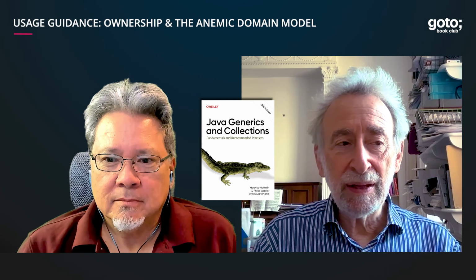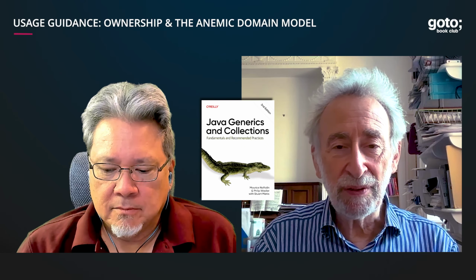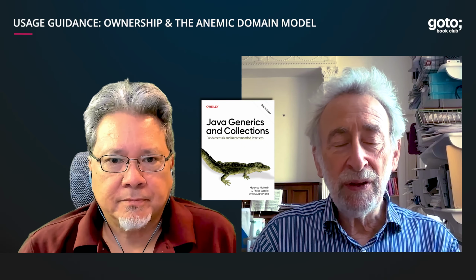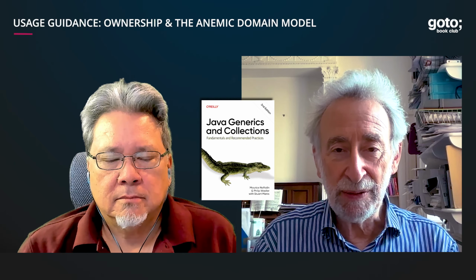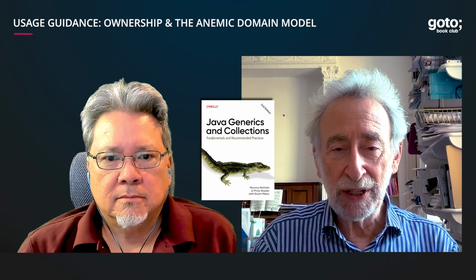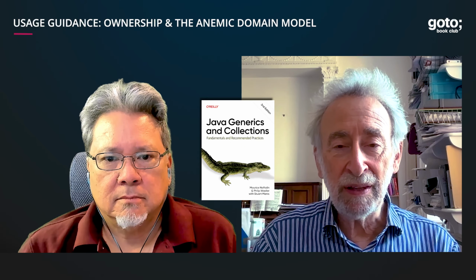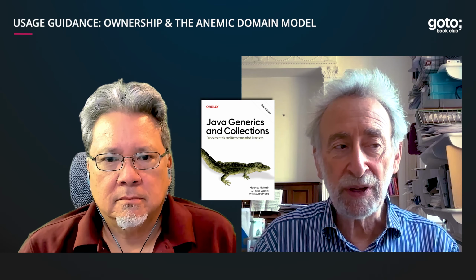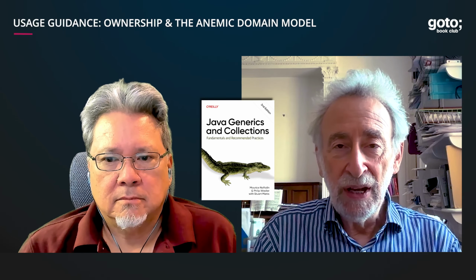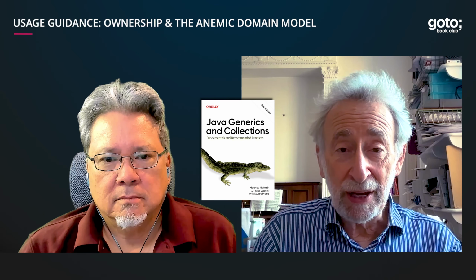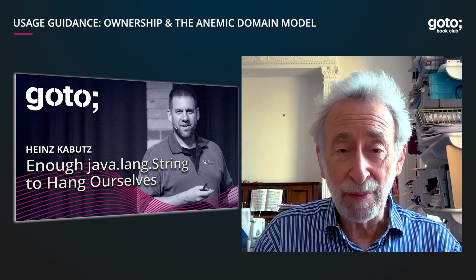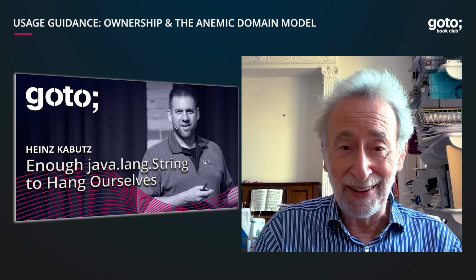Yeah, I think the basic problems come from the fact that even though in principle everybody understands the difference between, say, a shallow copy and a deep copy of an object, I don't think they think about this very seriously when it comes to collections. I got comments on the book, including one from Heinz Kabutz, who I know does understand the difference between shallow and deep copy.